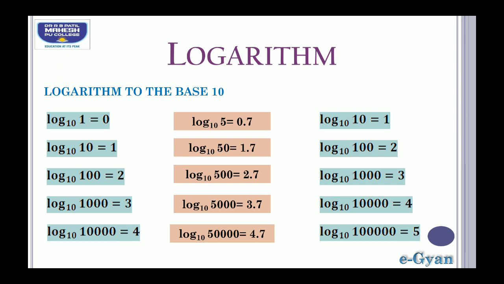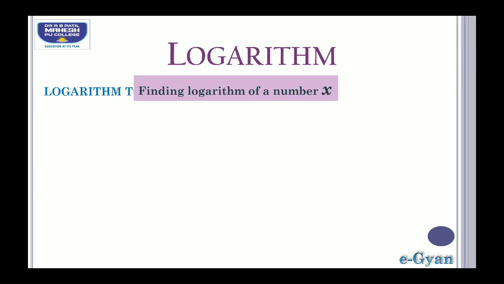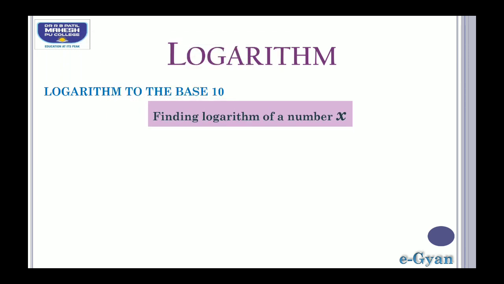Let's move further. So here we are using the log for whole numbers. It's not necessary that the logarithm should be applied only to whole numbers. Now, how to find the logarithm of a number x?